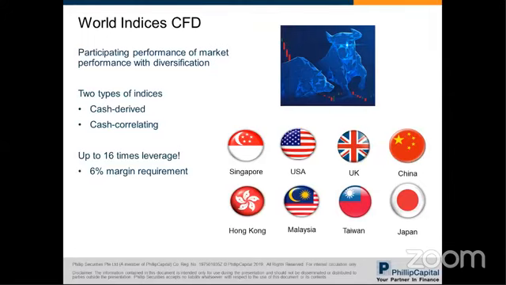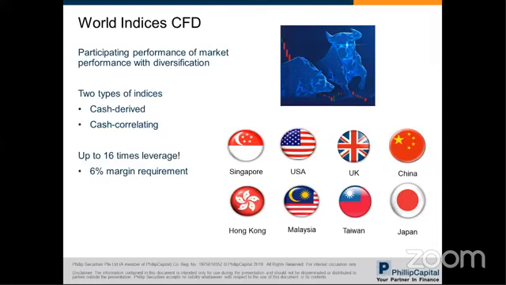If an index moves about 1%, your position may increase up to 16%. That means you just put in 6% of the margin requirement. On the website, you can see that we have quite a lot of those indices that you can use.